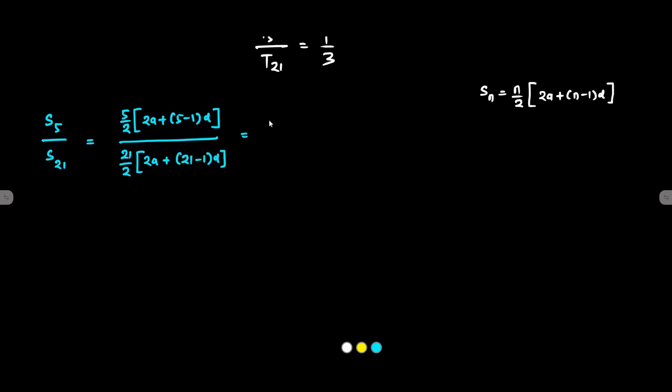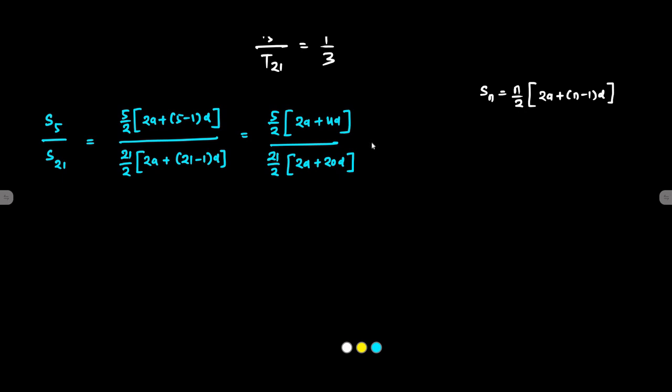This is equal to 5 by 2 into 2a plus 4d by 21 by 2 into 2a plus 20d.